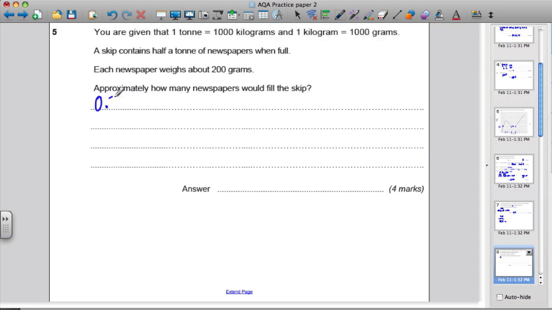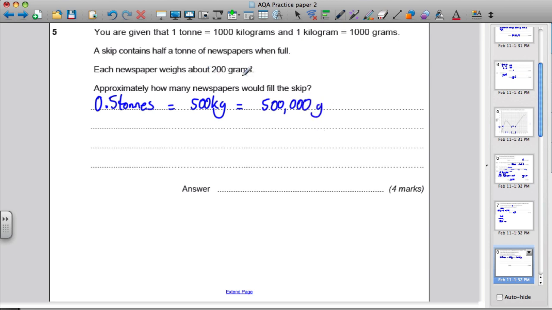Okay, so you've got 0.5 tons. Every ton is 1,000 kilograms, so that's equal to 500 kilograms. And each kilogram is 1,000 grams, so that must be 500,000 grams.